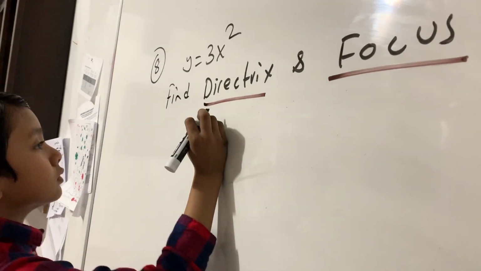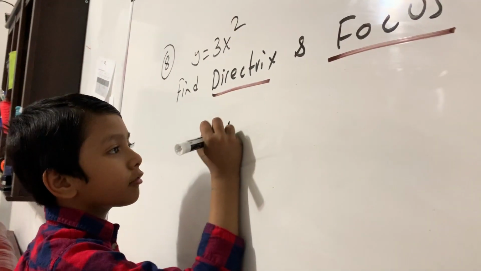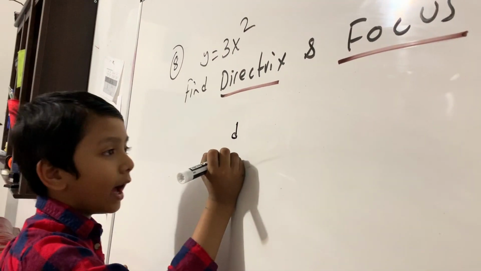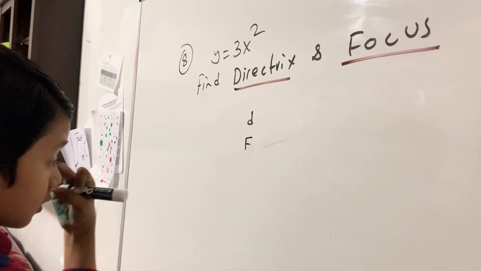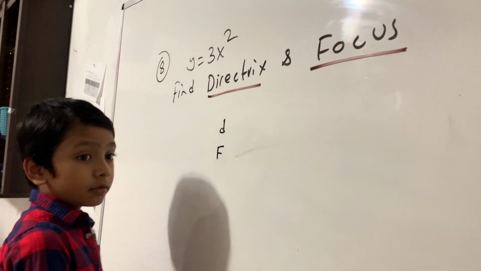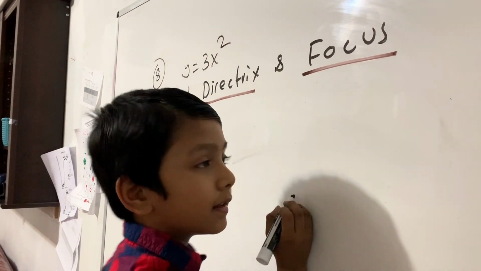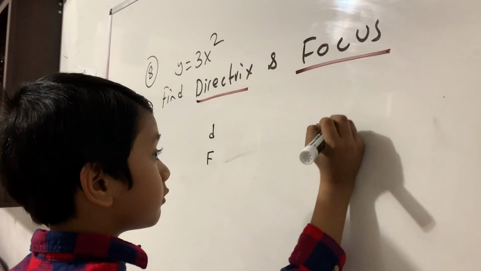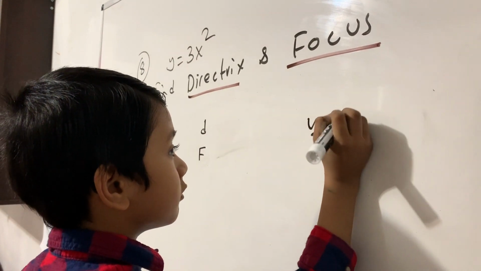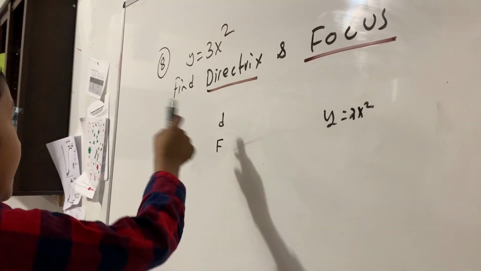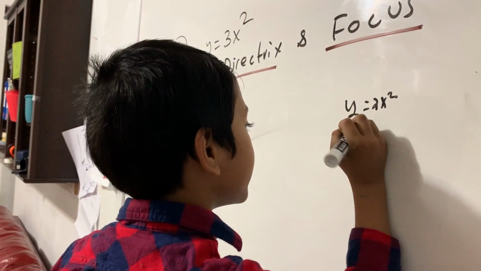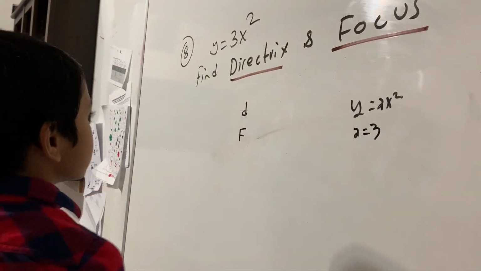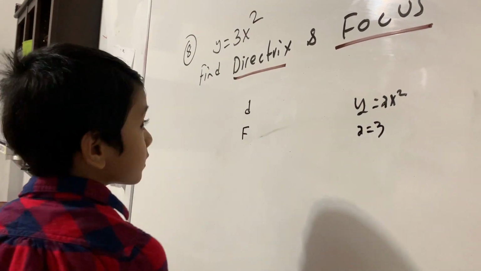Find the directrix and focus. So, let's use D to represent the directrix and F to represent the focus. Now, y equals 3x squared. In every case, y equals ax squared. If y equals 3x squared, then a must be 3.